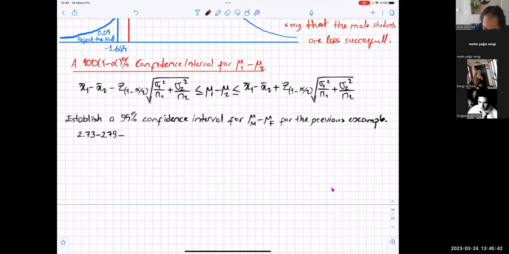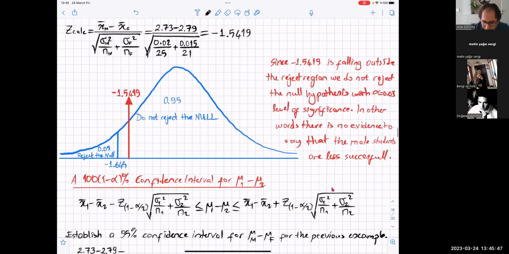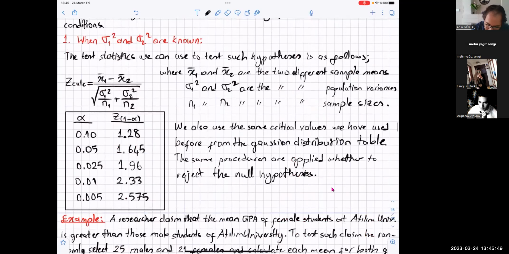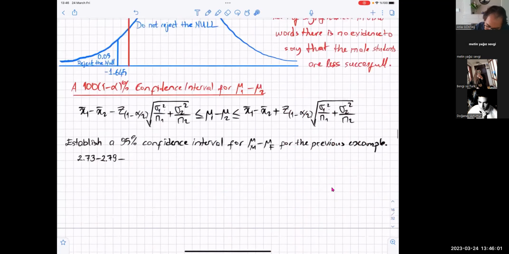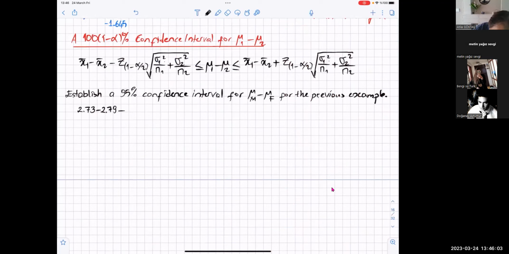For 95%, the alpha level will be 0.05. For the double-sided case, we split the alpha level into half. We will have the critical value as 1.96 in the confidence interval as well. So this is going to be 1.96 right here.